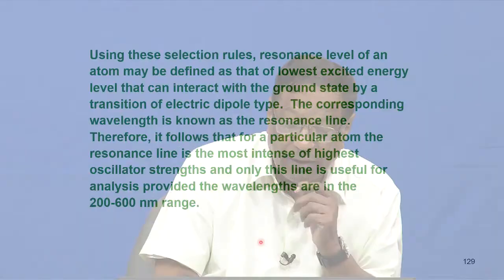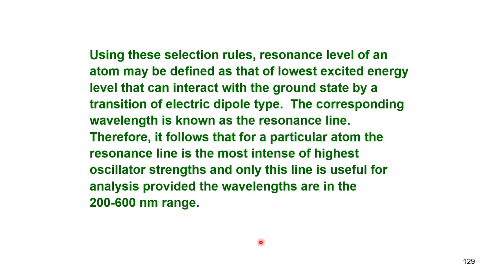We have data already in our computer, in our database, the resonance levels of almost all the elements of the periodic table. They are already calculated and available, and the corresponding wavelength is known as the resonance line.